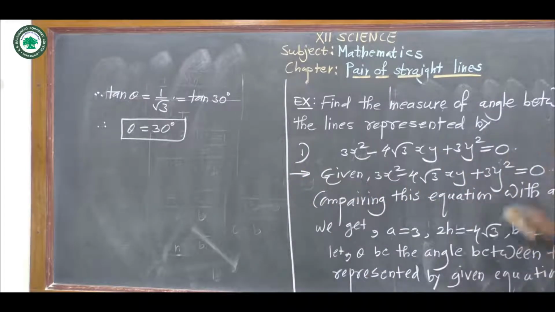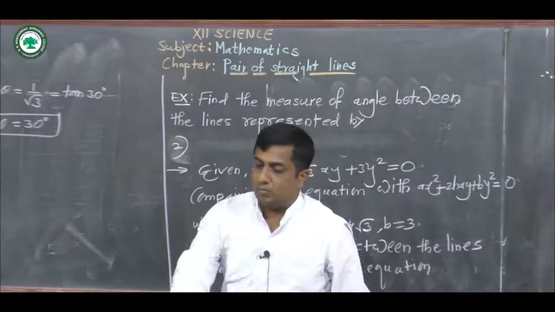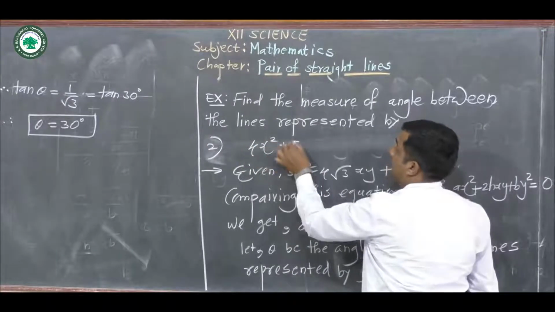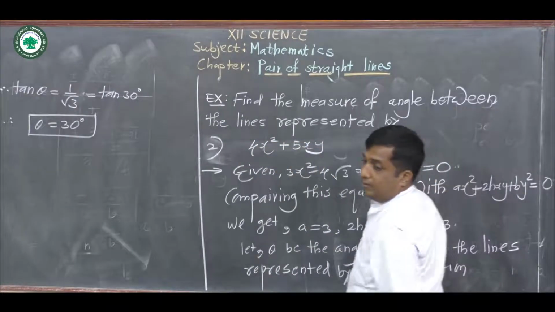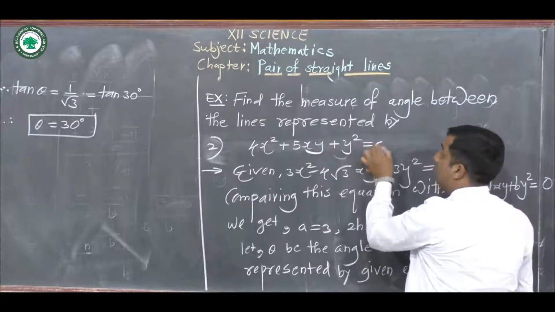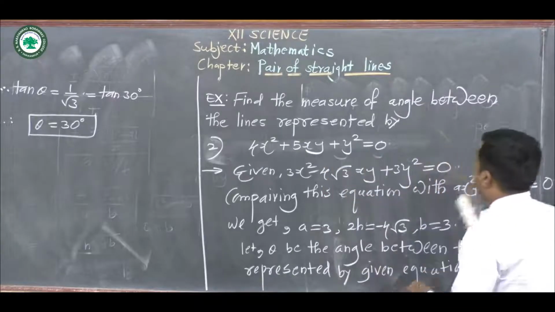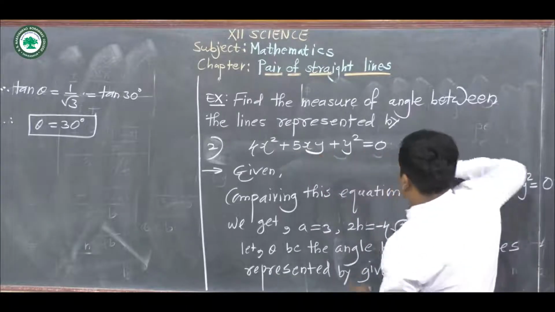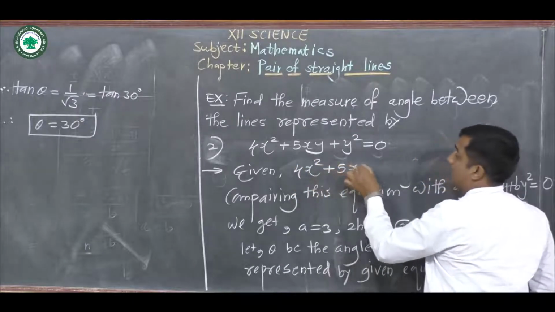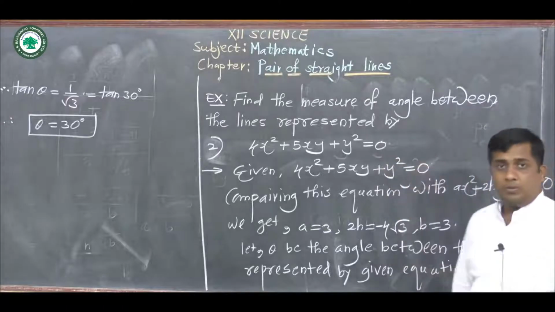In the second example, we consider 4x square plus 5xy plus y square is equal to 0. Let us consider this equation again: 4x square plus 5xy plus y square is equal to 0.